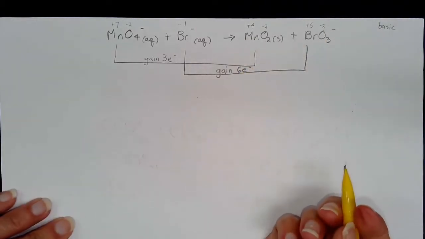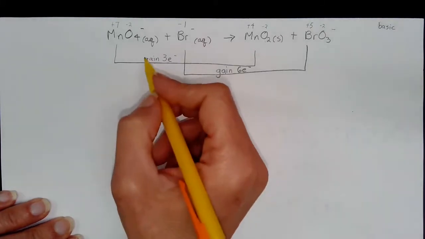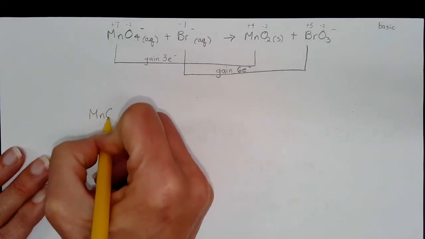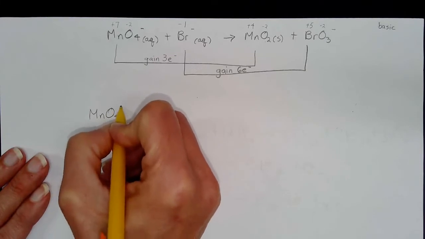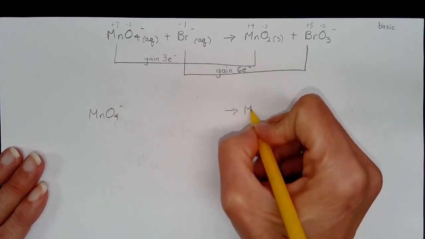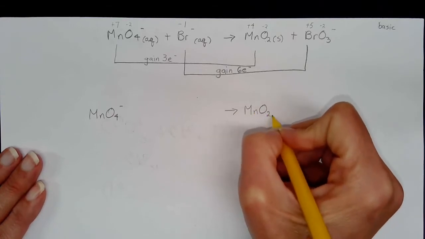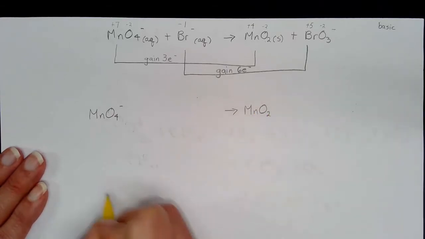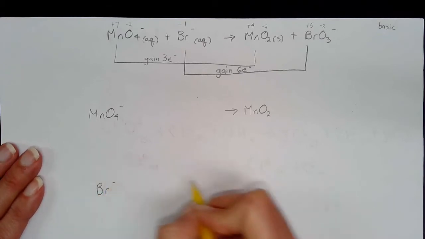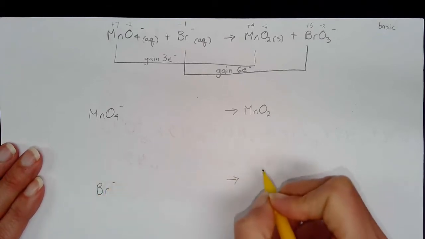Now we're going to separate out our half reactions. So we have the permanganate ion forming the manganese 4 oxide, or manganese dioxide in the old naming convention. We have the bromide ion forming the bromate ion.